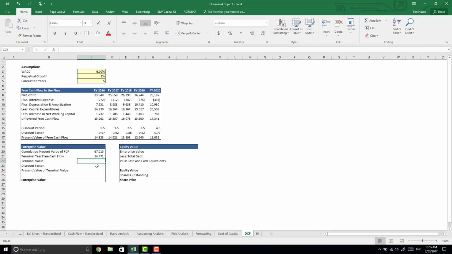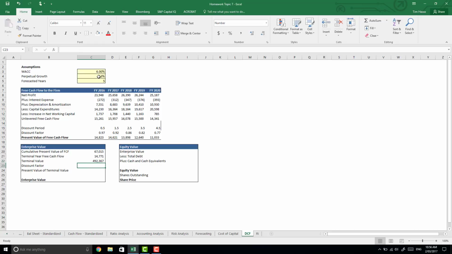The terminal value is equal to the terminal year free cash flow divided by, open up a bracket, the WACC minus the perpetual growth. And you get a terminal value, because this is the value of the perpetuity stream from 2021 and onwards.